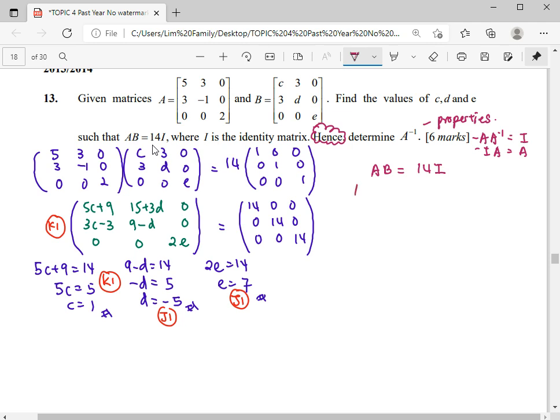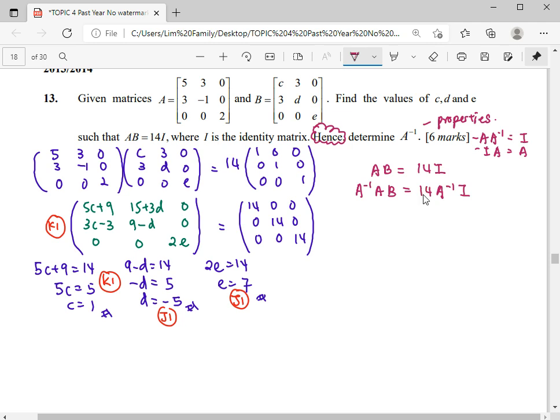When I multiply by A inverse, I have to show it clearly. I multiply in front of the left hand side. For the right hand side, the number is excluded because 14 is a number, while this is a matrix and I is a matrix. So in front on the left hand side is matrix A inverse, and on the right hand side in front of matrix I. 14 is a number, so I make it a coefficient in front.